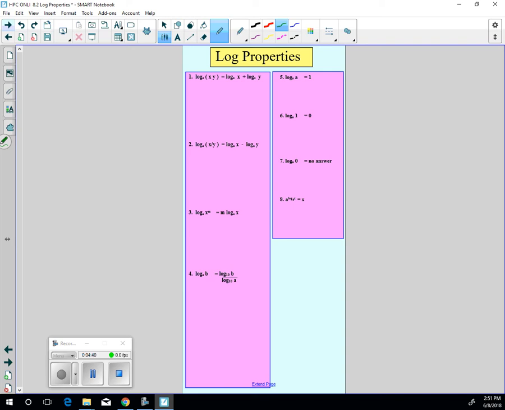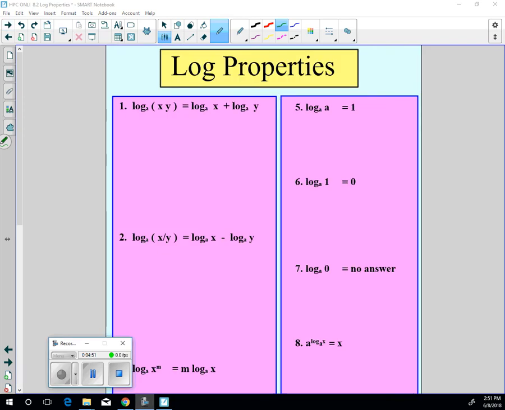The thing about the log properties is that all of the log properties are related to exponents because logs are exponents. So if we take this slide and review what happens with exponents, then it might make sense of what's happening with the logs. For example, if you had 2 to the 5th times 2 to the 3rd, that's 2 to the 5 plus 3.